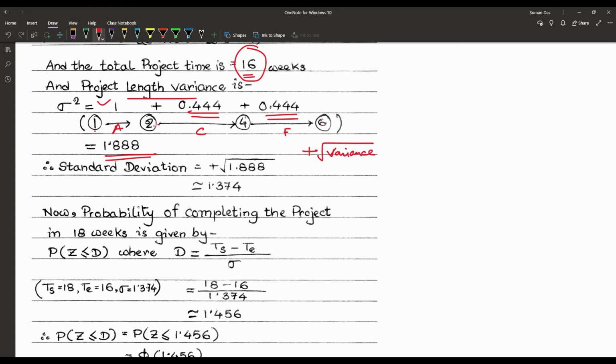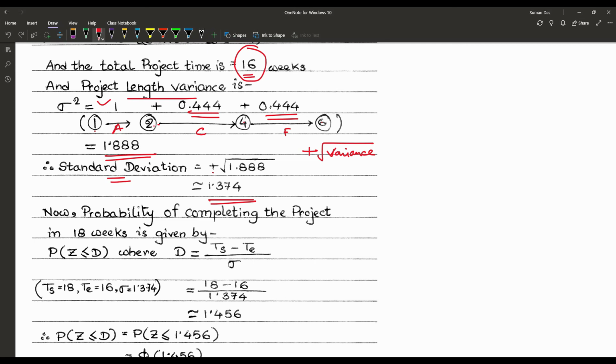So variance is 1.888, and the standard deviation is the positive square root of 1.888, which is nearly equal to 1.374. In that way we can find out the critical path, also the project length and the standard deviation with the variance, the project length variance, from the project diagram.